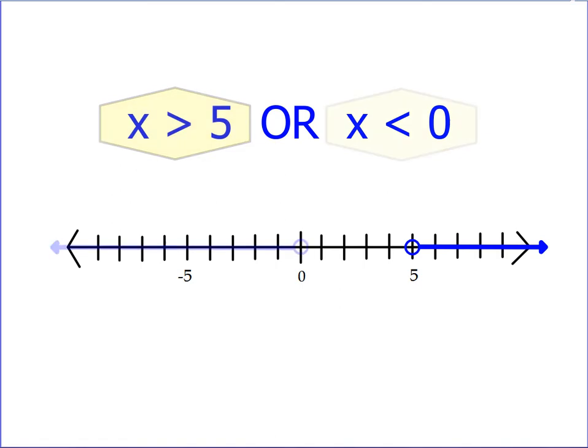Then we separately graph x is less than 0, which involves an open dot at 0 and shading to the left. With the word or involved, everything that's now shaded in blue is part of our solution. We just need values to be in one inequality or the other. It doesn't matter which one.